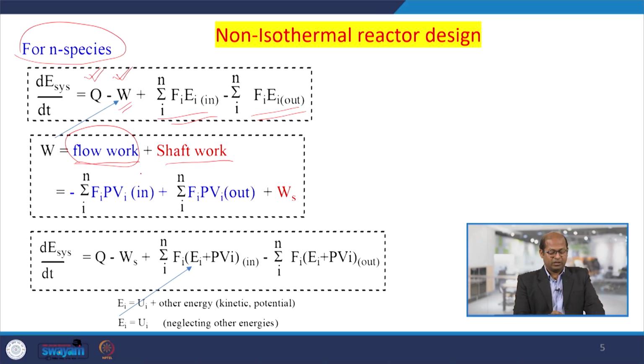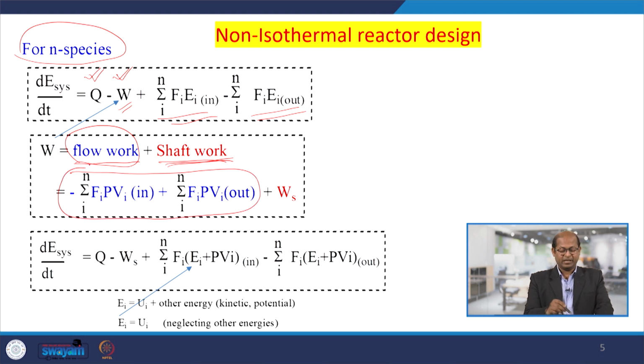It is due to the pressure drop inside the system, and we have to consider that. So there are two works: flow work as well as shaft work. That would be the total work for the system.